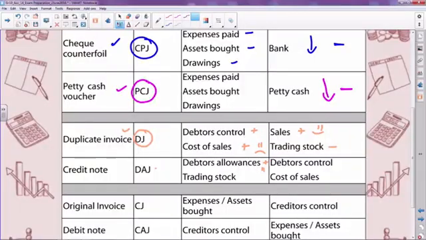It is very bad for the owner's equity because we did not now sell. And then your trading stock will go up if it's still sellable. And the debtor owes you less because they returned, and your cost of sales will go down. And because cost of sales go down, the owner is smiling because he's got a smaller expense, and therefore he doesn't need to give out that money now.